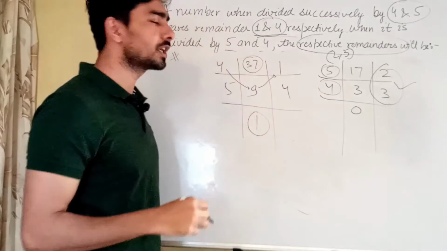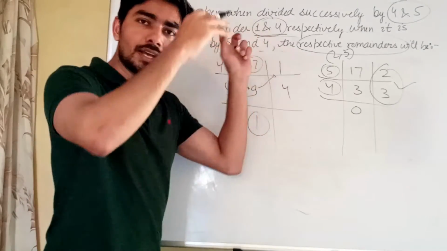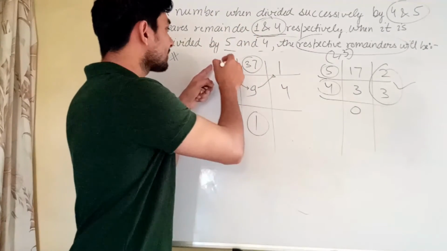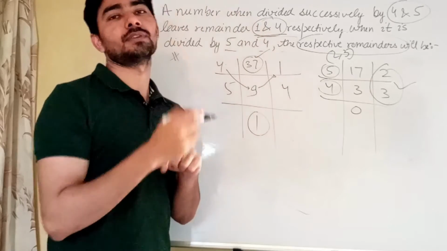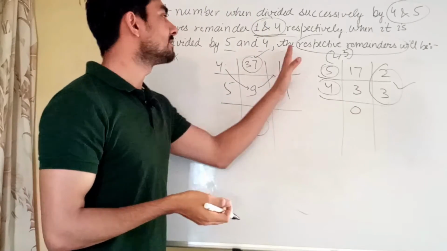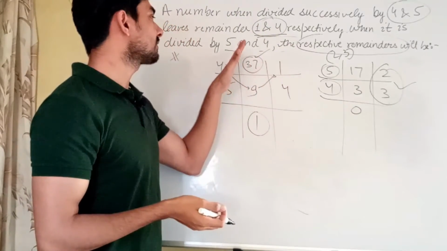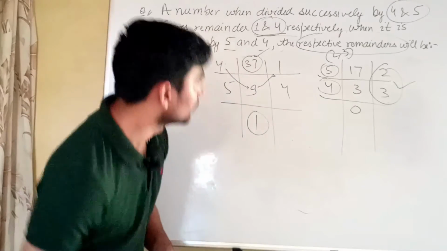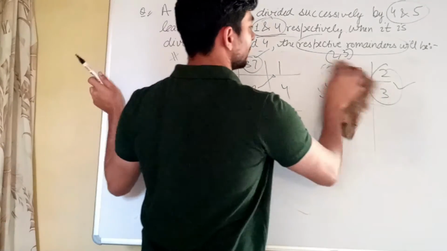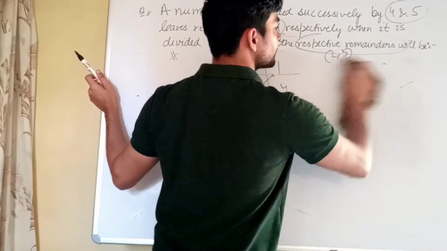So another number which will give 1 and 4 as successive remainders after dividing successively by 4 and 5 is 37, as there are lots of numbers which will give the same successive remainders. If I take 37 as that number, the answer will be the same, 2, 3.